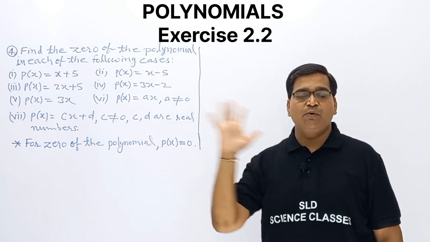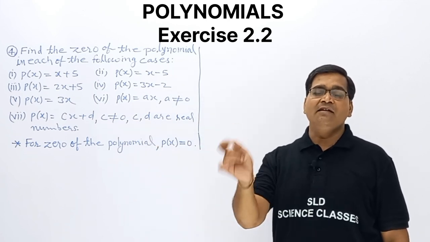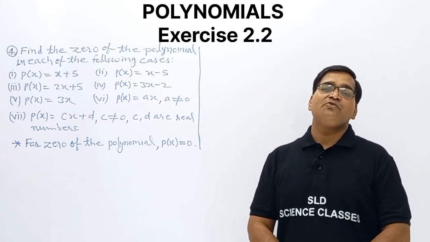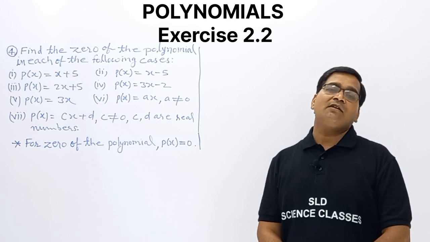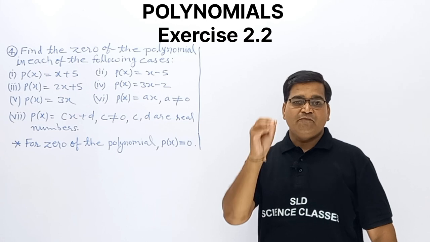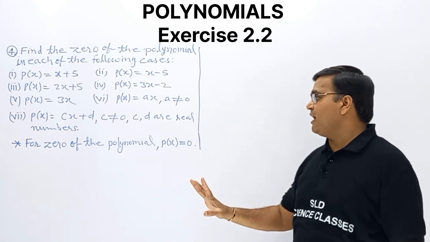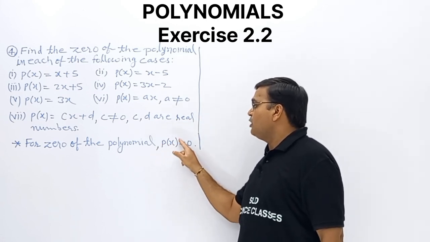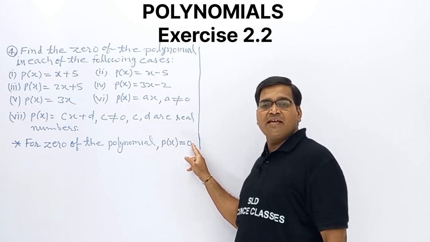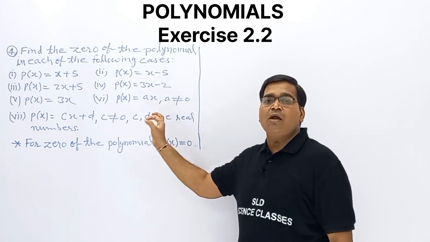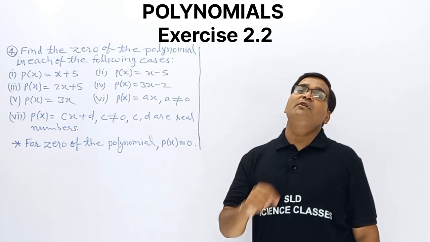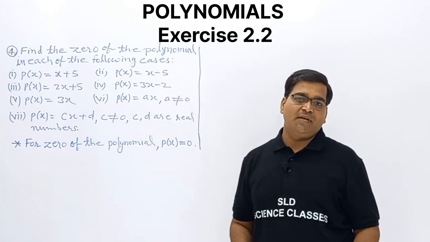Solve that equation and find the value of the variable, and that will be the zero of that polynomial. Are you getting what I am saying? For finding the zero of the polynomial, we put the polynomial equal to 0, then we get a simple equation. Solve that equation for the given variable, and that will be the zero of the polynomial.